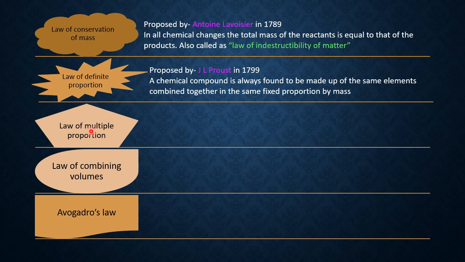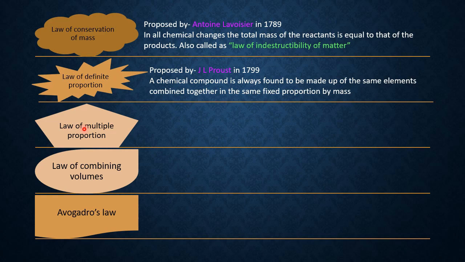So H2 is there, hydrogen is there, it has not gone out of the reaction. So this law says that when two or more elements combine to form more than one type of compound or molecule, the masses of one element that combine with a fixed mass of the other bear a simple ratio.